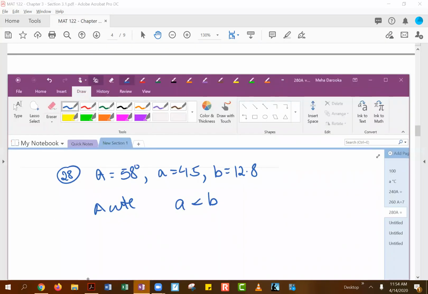Let's actually go ahead and talk about the height of our triangle then. So that's going to be H equals B times sine of A. So B, of course, is 12.8. Sine of A would be sine of 58 degrees. So what does that come out to be?